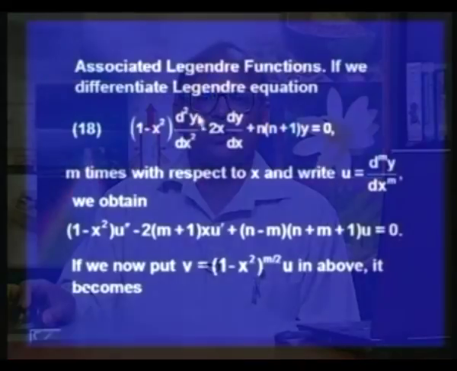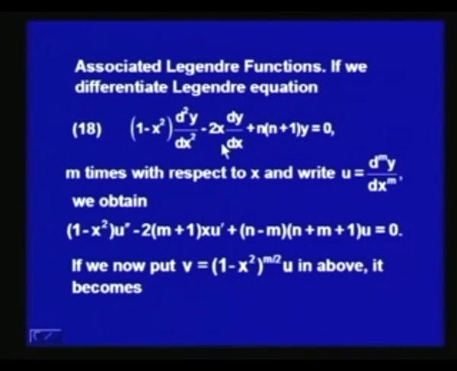If we differentiate the Legendre's equation, (1 minus x square) d²y/dx² minus 2x dy/dx plus n(n+1)y equal to 0, m times with respect to x, and write u equal to d^m y/dx^m, that is the mth derivative of y with respect to x, we shall have this equation: (1 minus x square) u'' minus 2(m+1) x u' plus (n minus m)(n plus m plus 1) u equal to 0.